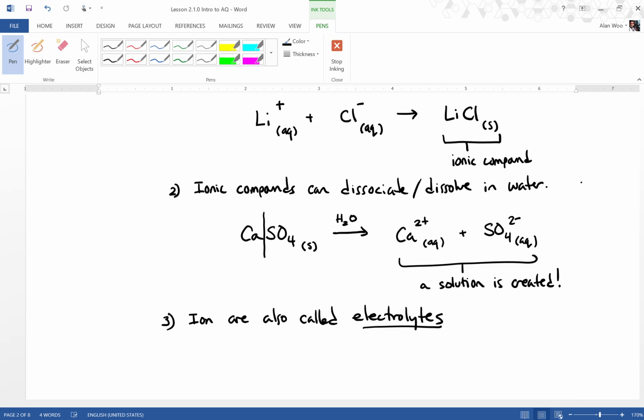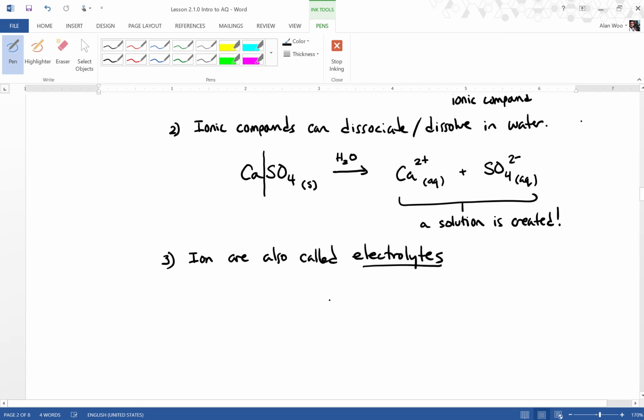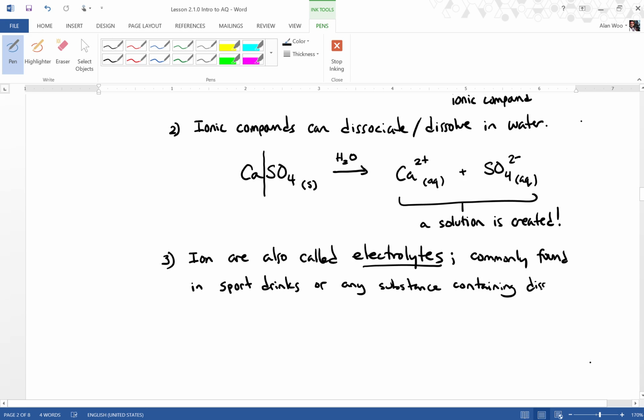So in sports drinks, particularly, they're specific ions. So we'll say commonly found in sports drinks, or any substance containing dissolved salts.